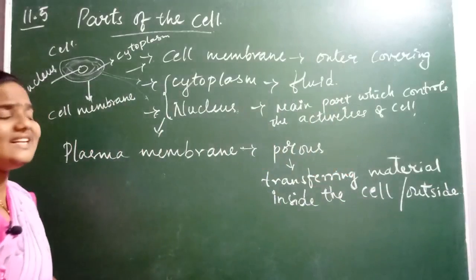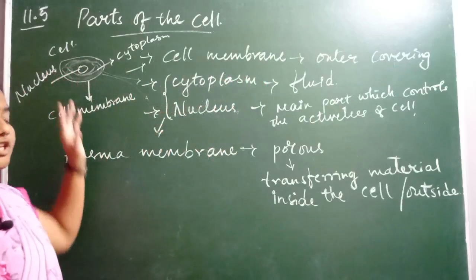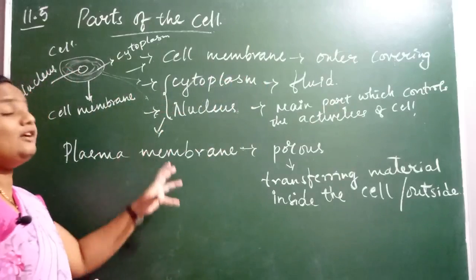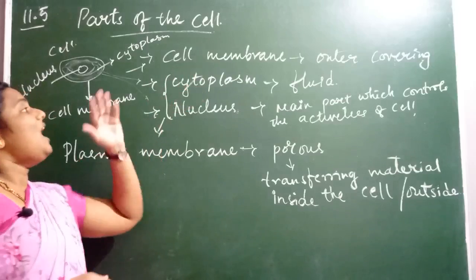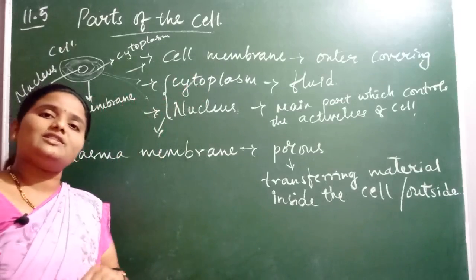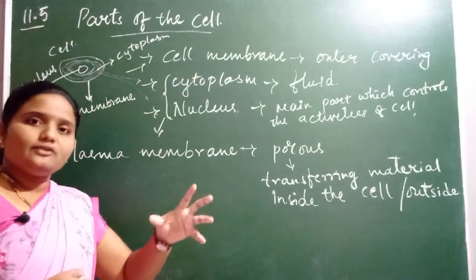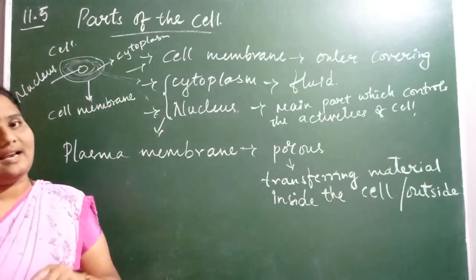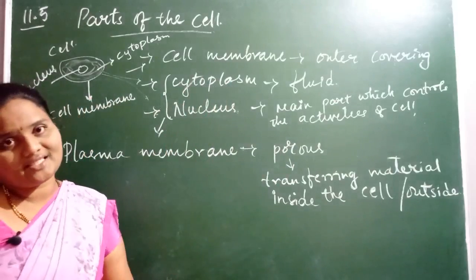So we can say that a cell membrane is a main part of the cell, which will give one particular shape to the cell. Without this cell membrane, how the cytoplasm and nucleus will be present, children? So a cell membrane gives a definite or one particular shape to the cell, and it encloses cytoplasm and nucleus.